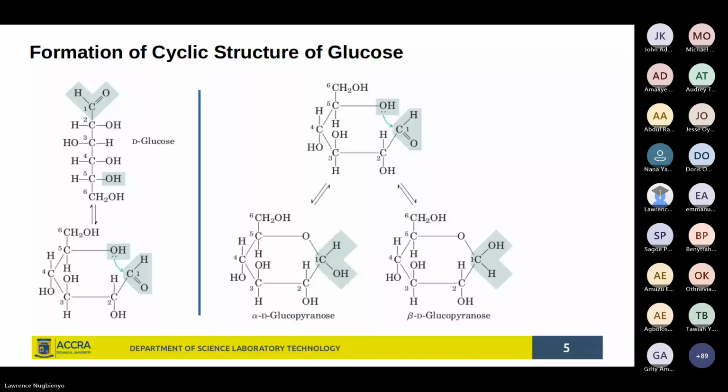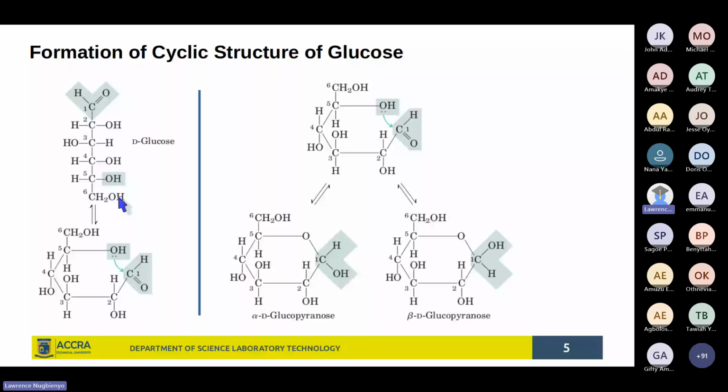So to answer that question simply, it means that it is the interaction between the aldehyde group and the hydroxyl group on the 5th carbon which is forming the most stable cyclic structure. That is why it is so that even though there can be interaction between the aldehyde group and any of these hydroxyl groups on the glucose molecule, those structures that will be formed will not be the most stable.